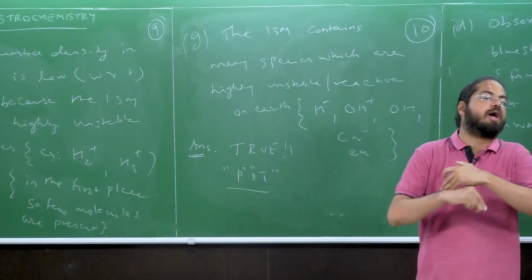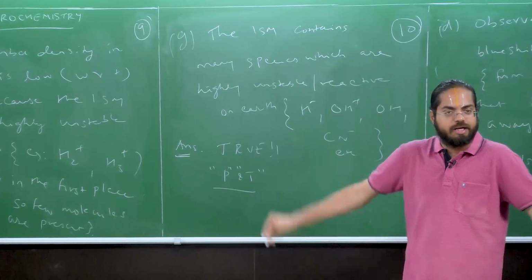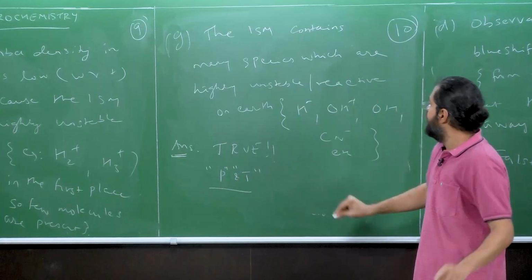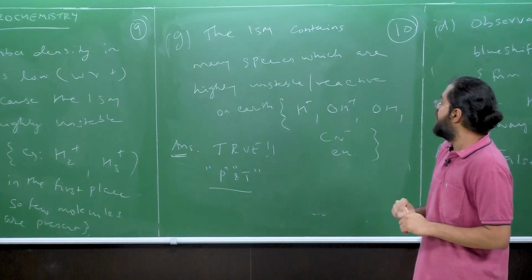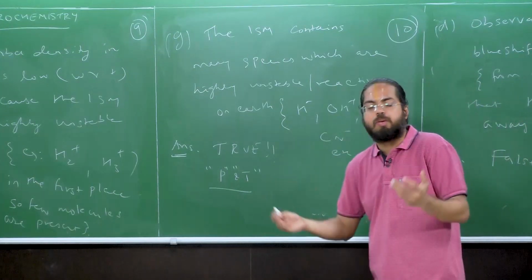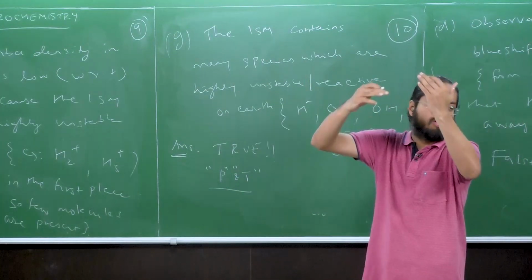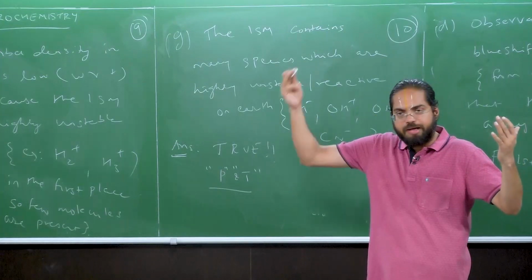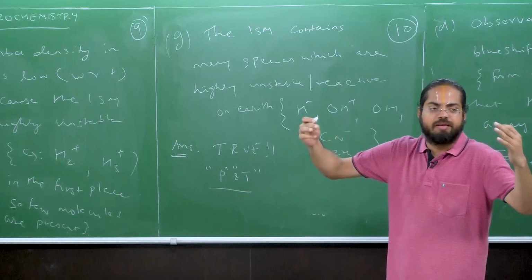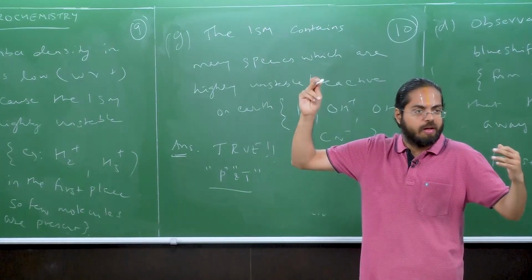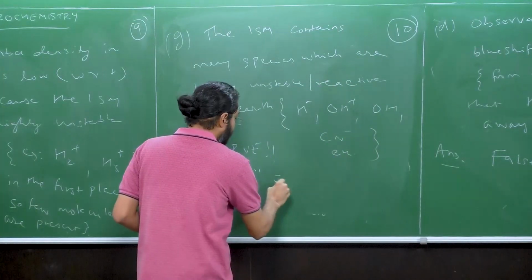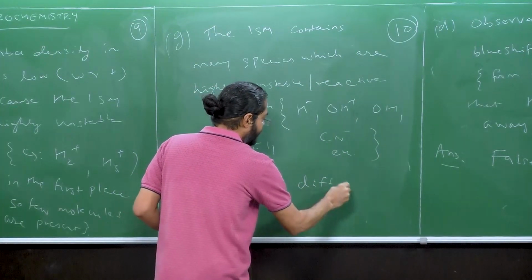The conventional ideas of stability and instability do not apply to molecules in space, and that is why some very exotic molecules such as H minus, OH plus, once they form, they can get formed by the bombardment of, for example, an electron onto an H atom in space. Once formed, even these unstable species stay unreactive in space for a long time because the number density is also low. All right. So the answer is that P and T are different on Earth than in the ISM.